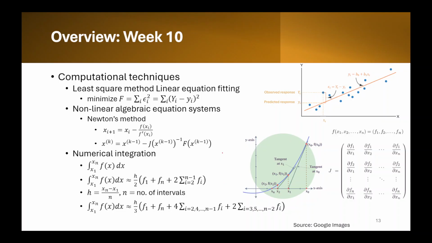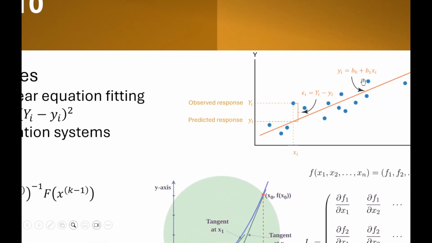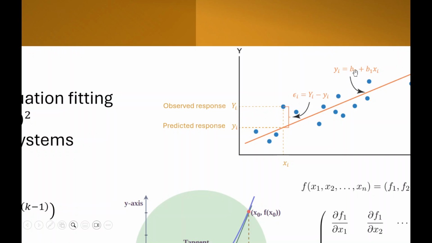So basically, what you do is you firstly develop some model. Small yi is your model given by this. In this case, you don't know these coefficients right now. The unknowns are this b0 and b1, and you know yi at each point.